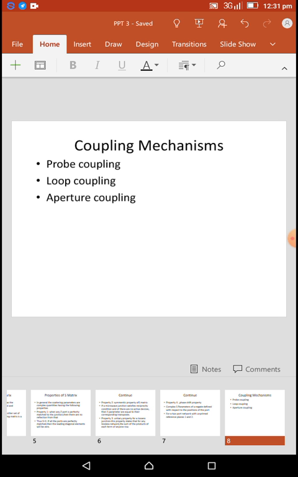If you want to remove or inject wave energy from your waveguide, you need to use 3 coupling mechanisms. The first one is the probe, the second one is loops, and the third one is the aperture or slots. Slots may also be called aperture or windows sometimes.